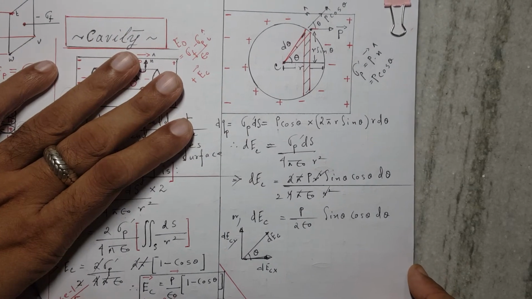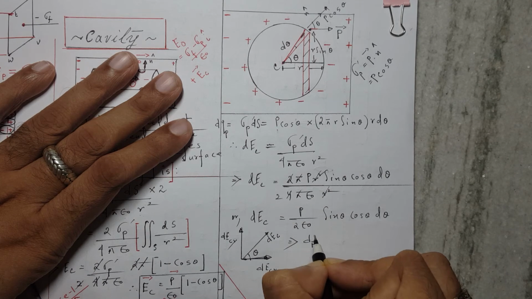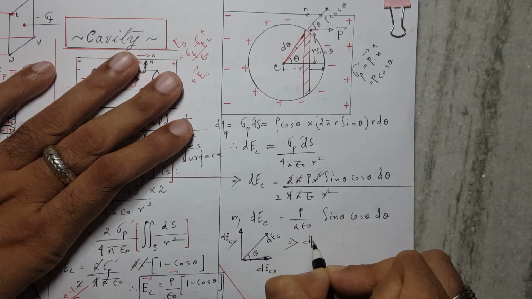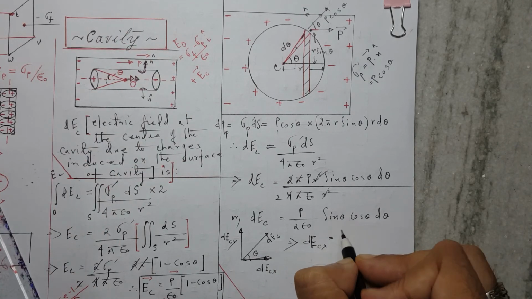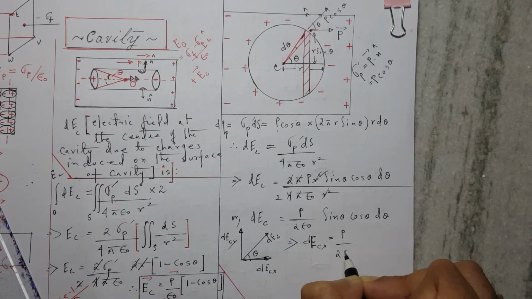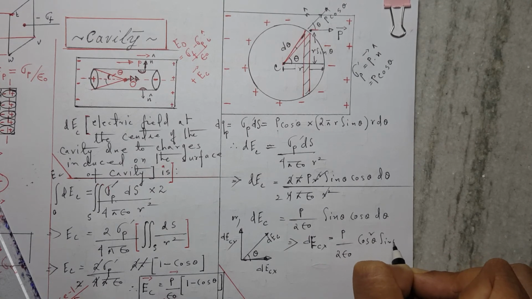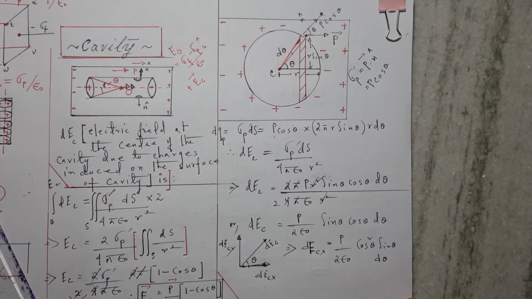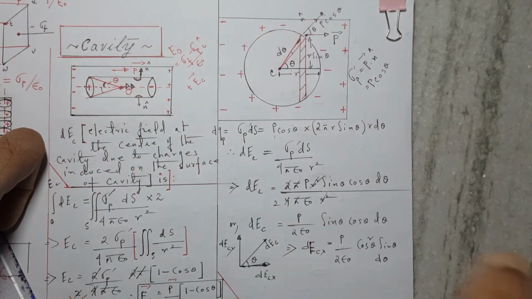Therefore dEcX is equal to P by 2 epsilon naught cos square theta sin theta d theta. Now you integrate it from 0 to pi.